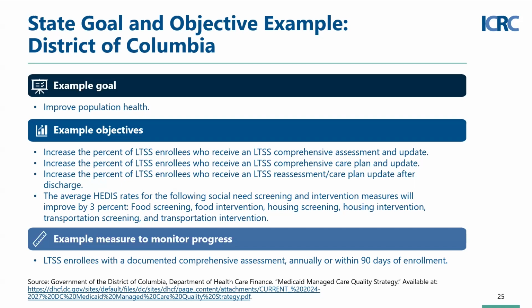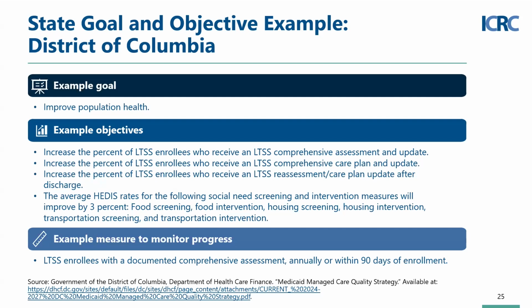The district also set an objective to increase HEDIS rates for many LTSS adjacent measures. And finally, the district measures the percent of LTSS enrollees who have a documented comprehensive assessment to help measure progress towards this goal and objectives.